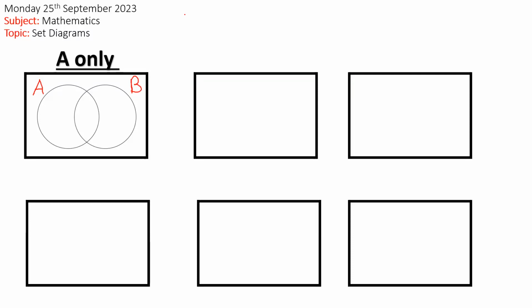And so I want you to shade in this portion of the diagram. Remember, I want A only. So in order to shade A only, what I have to do is only shade this side.